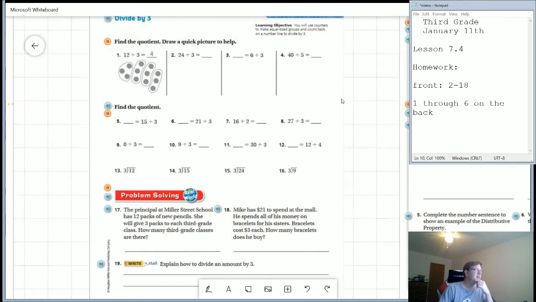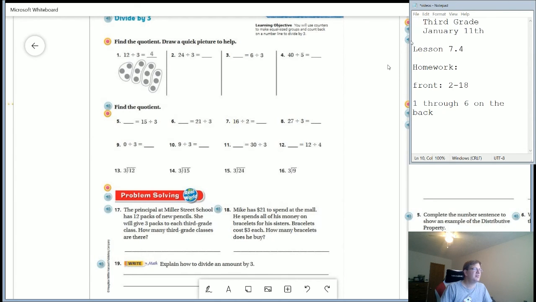So I would like you to complete from 2 up to 18 on the front, and then we're going to do 1 through 6 on the back. So keep in mind, most of these are going to be working with 3s. It looks like there's a couple that don't. So 16 divided by 2 and 12 divided by 4, we might be working with different math facts there.